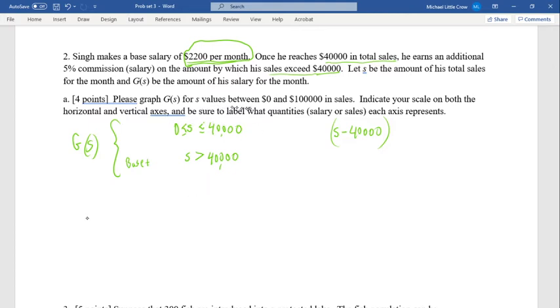And again, here we want to see what happens between $0 of sales and $100,000 of sales. Again, S is going to be like our X value, it's our input. G of S, or the salary, is going to be the Y values. And again, you want to have at least from 0 to 100,000 down here, and you want to show what's happening.